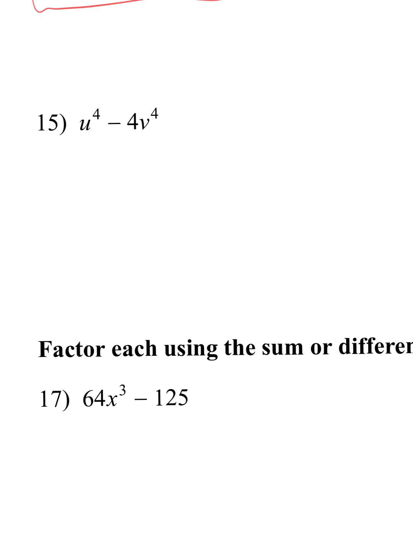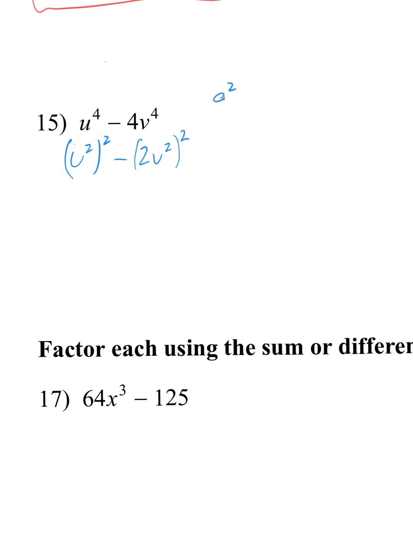Number 15 might seem a little different: u to the fourth minus 4v to the fourth. What if we rewrite these as squares? This could be u squared to the second power minus 2v squared to the second power. Let's follow our formula.